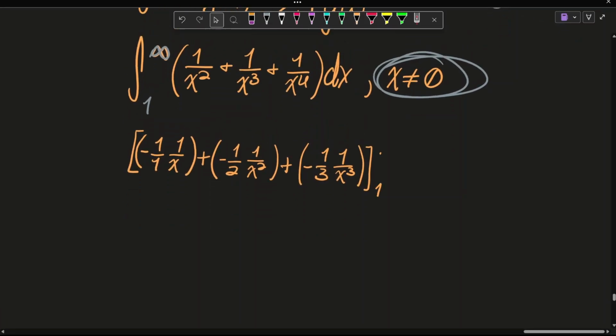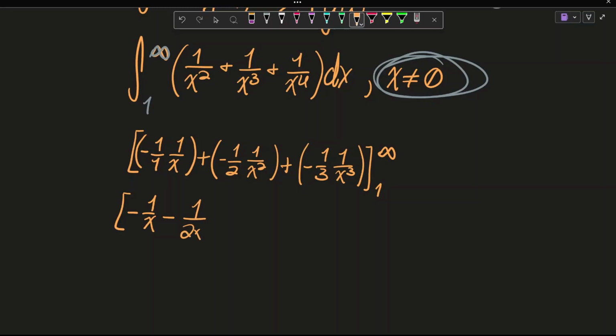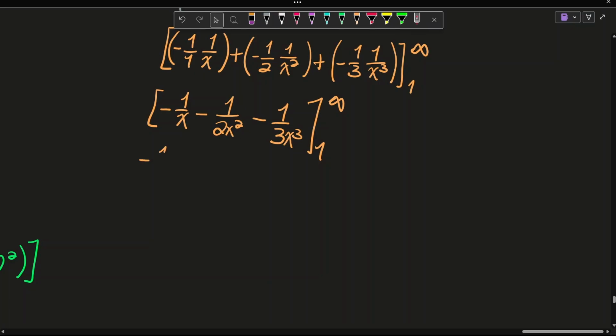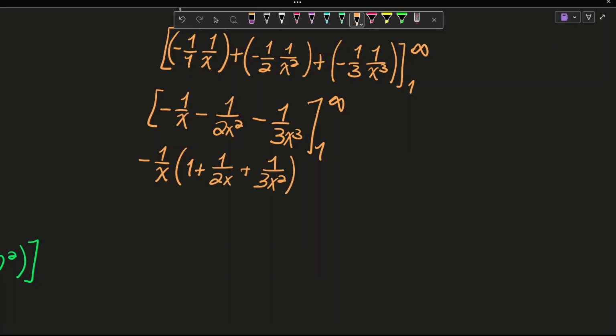Now again, evaluated from 1 to infinity, which is then equal to negative 1 over x minus 1 over 2x squared minus 1 over 3x cubed, again evaluated from 1 to infinity. Now you can factor out a negative 1, so you get 1 over x plus 1 over 2x squared plus 1 over 3x cubed.